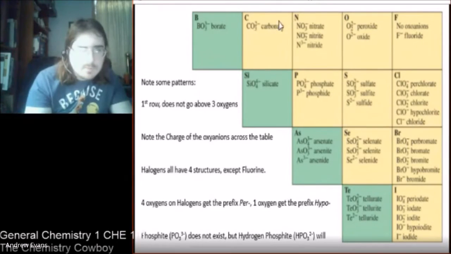You might just want to memorize the most common ones, but if your mind works in a way that you see patterns, use this to your advantage. So remember how many jumps it takes to make it to the noble gases.